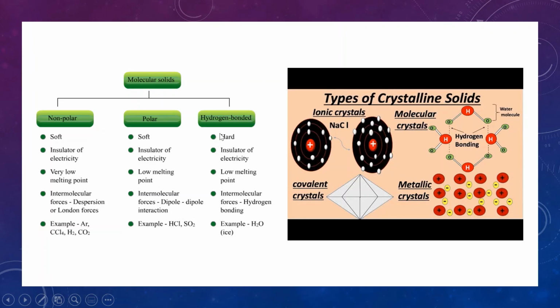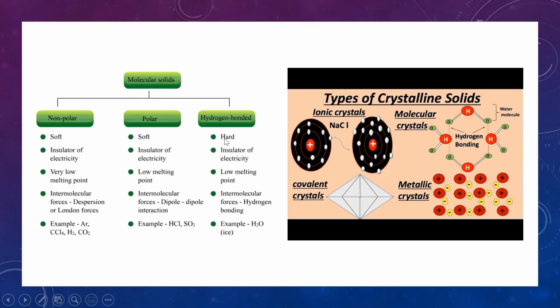Now comes hydrogen bonded. Hydrogen bond gives a hard physical structure, but it is not stable. At a very low temperature it will melt, because it is the strongest among the weakest. The weakest forces come under van der Waals force of attraction. Among all the van der Waals forces, hydrogen bond is the strongest.